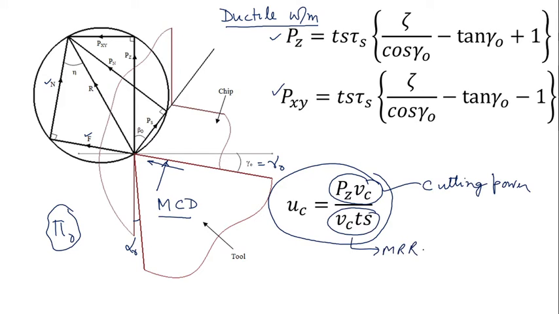Do not cancel this VC and this VC. Cutting power would come out in joule per second or watt, and this one will come out in millimeter cube per second. So UC will come out in joule per millimeter cube. If you stay completely in SI unit, it will come out in joule per meter cube.